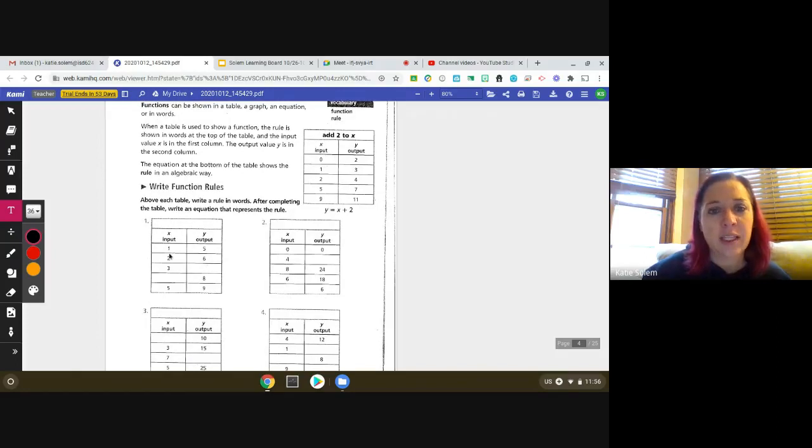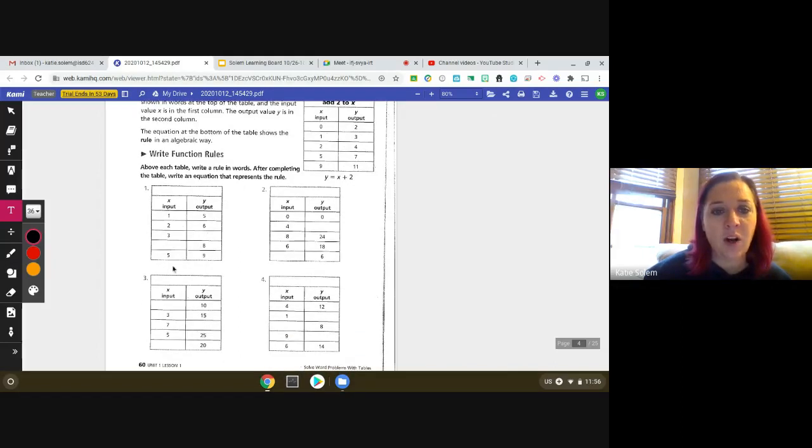So for their example, they said the rule is that you're going to add 2 to X, or you're going to add 2 to the in box. So 0 plus 2 would equal 2. 1 plus 2 would equal 3. Down here, we need to figure out the rule. 1 went in, 5 came out. 2 went in, 6 came out.